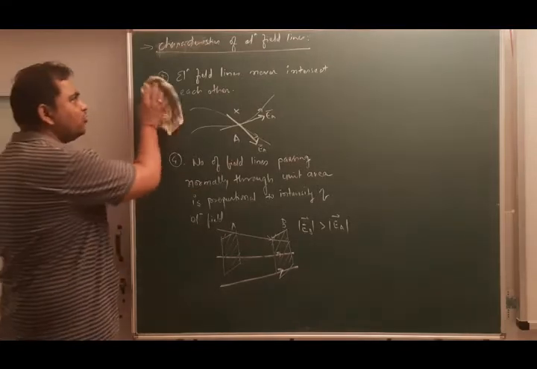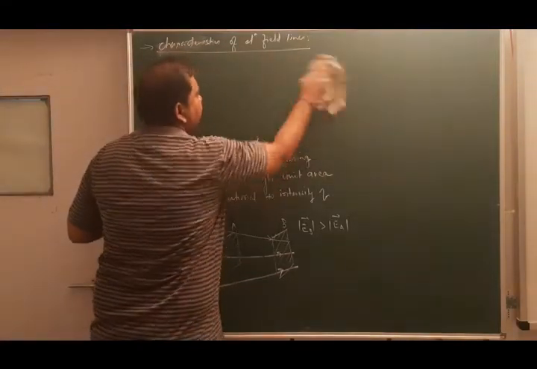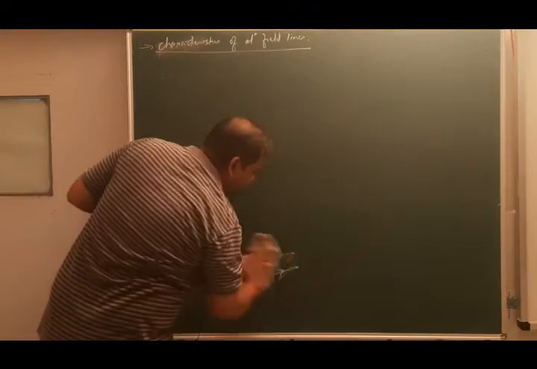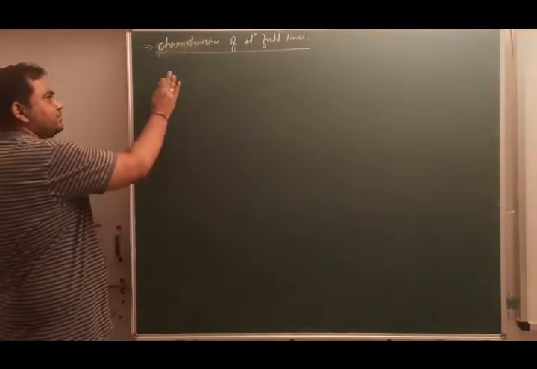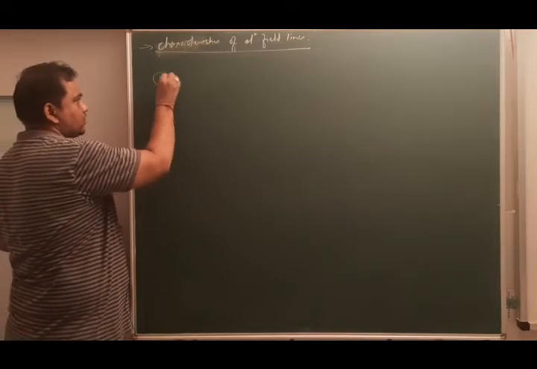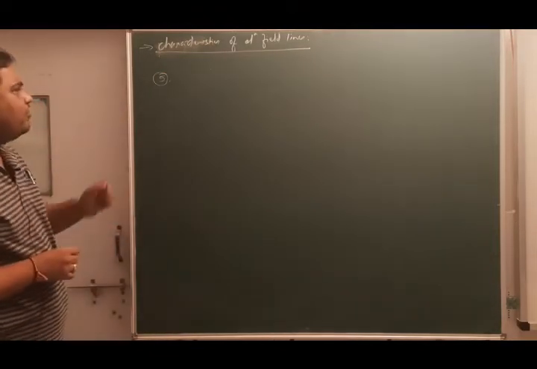After that we have 2 more points which represent the characteristic of electric field line. Point number 5 over here.